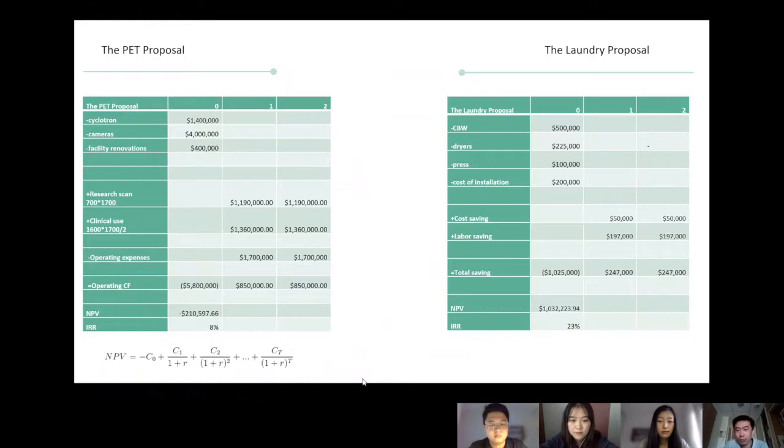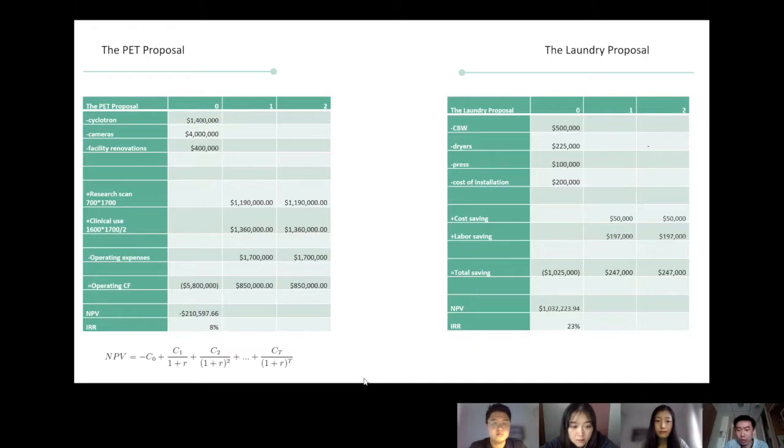For the PT proposal, the initial investment includes the cyclotron, cameras, and facility renovations. The cash flow in year 0 is the sum of purchased items, which is minus $5,800,000. The hospital expects to provide a maximum of 2,300 scans each year: 1,600 scans for clinical use and 700 for research. The scans would be profitable at an average rate of $1,700.